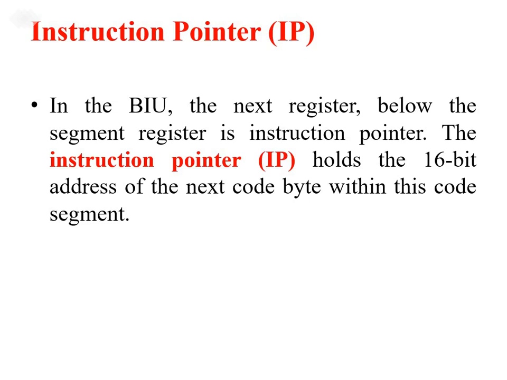That code should be read one by one. For reading that code we need a pointer, and that pointer is known as the instruction pointer. Its size is 16-bit. That means the address of the location where the instruction has been stored is 16-bit, and that address is stored in the instruction pointer.